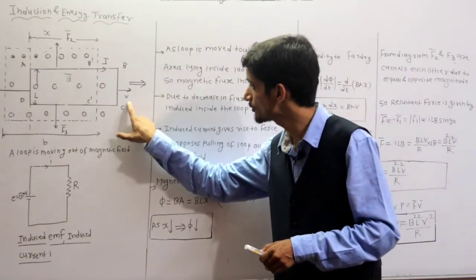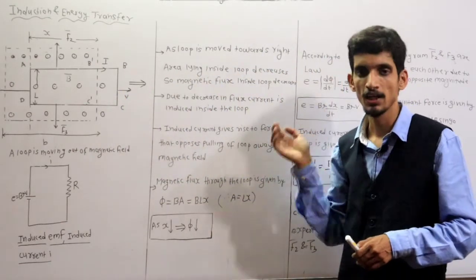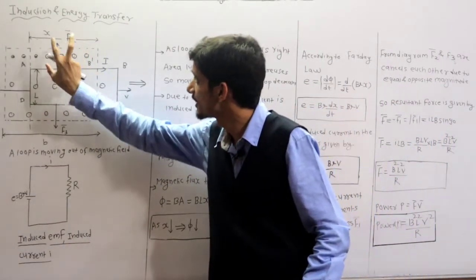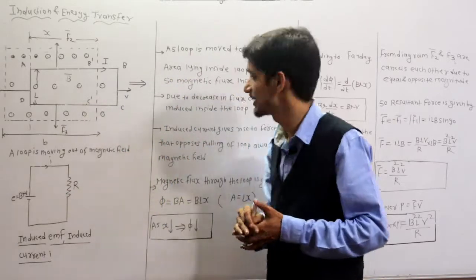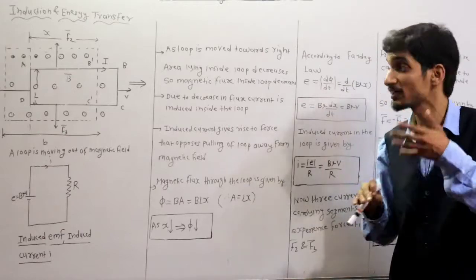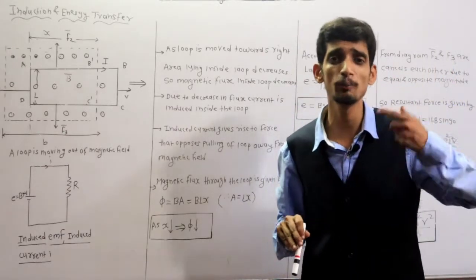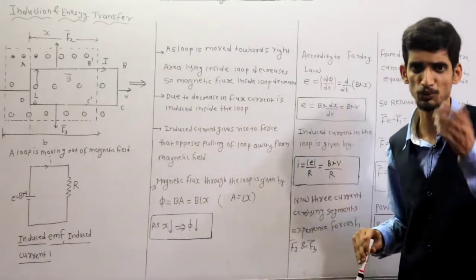Because as I apply force on this segment and move it, x decreases. The x distance covered by this loop inside the magnetic field decreases, so the area lying in the loop decreases, and the magnetic flux inside the loop decreases. In the paper you have to write: as loop is moved towards right side, x decreases, A decreases, phi decreases, E induced. Clear?